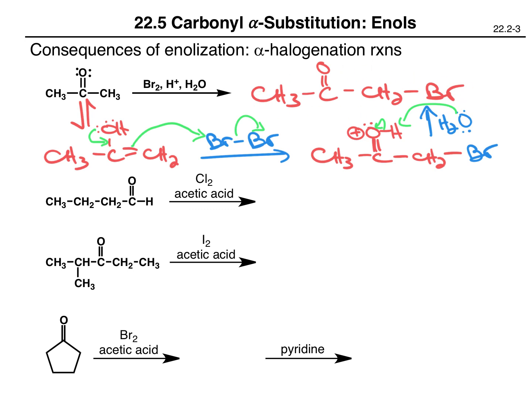Another example would be using chlorine or iodine, and the H+, it could be a little bit of HCl, it could be some acetic acid, for example. And if we start out with this aldehyde, then we can make some of this.